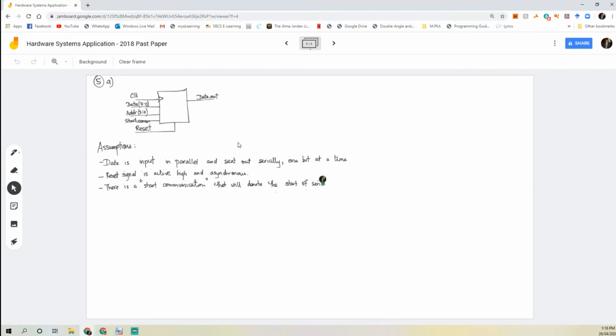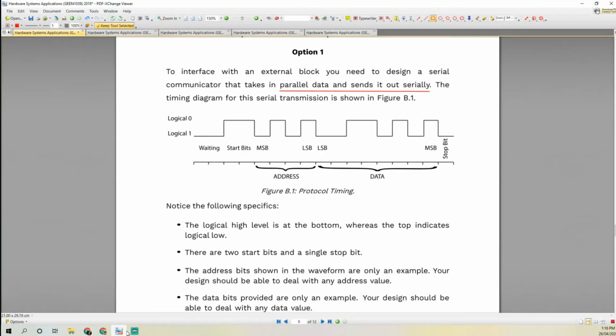Remember, everything is being sent serially: the start bits, the address bits, the data bits, and the stop bit. Each of those things is sent serially one by one over that data out line.